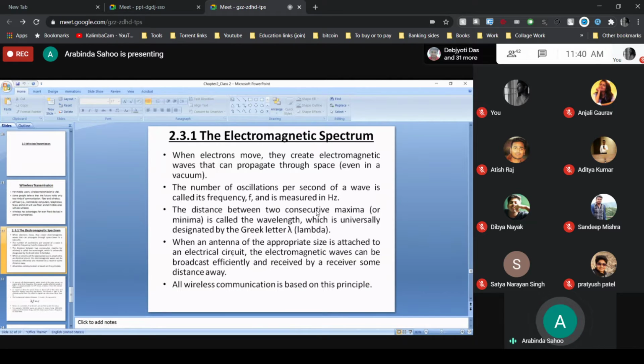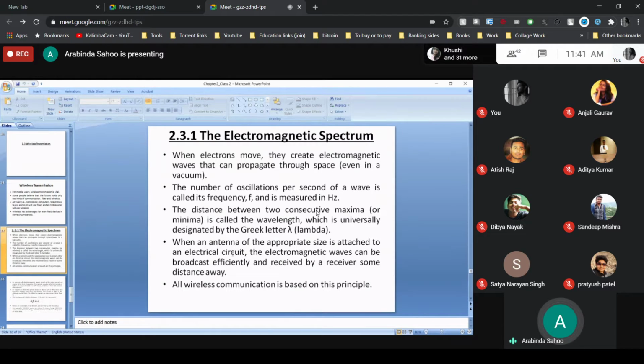It also generates an electromagnetic wave, and this wave also propagates to a certain distance, but how much distance it covers depends totally on the frequency associated with it. So frequency is one of the important factors associated with electromagnetic transmission.